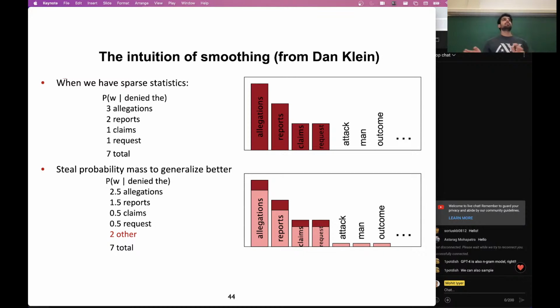Does anyone have any questions? Yes? Are these distributed only to words that do make sense, or distributed to all the words? So the question is, is this stolen probability mass, or the stolen counts, distributed only to words that make sense given the prefix? The answer is no, because we don't really know what words make sense in the prefix.